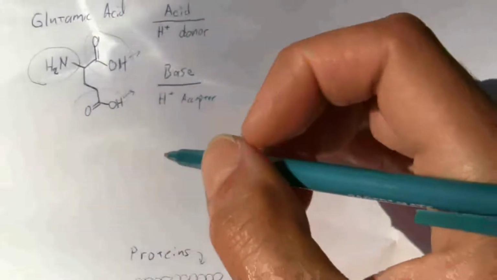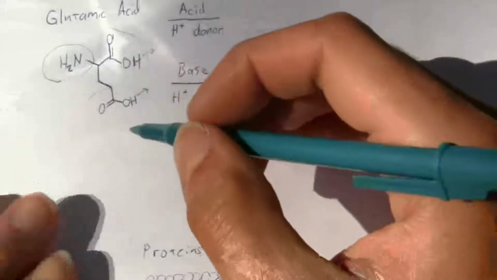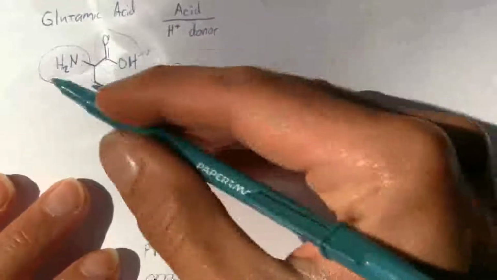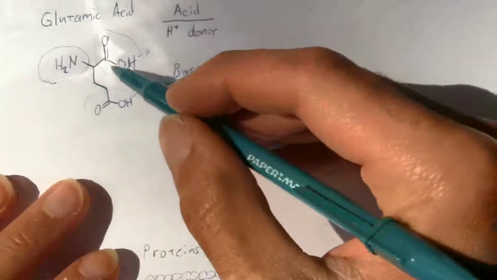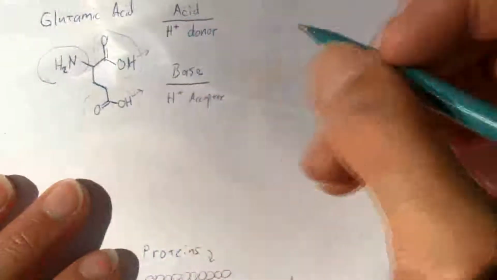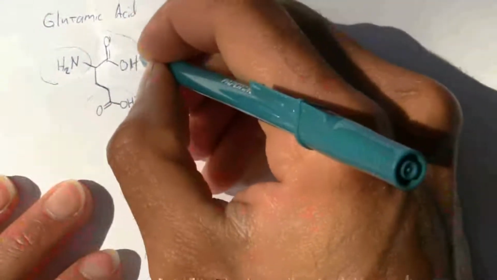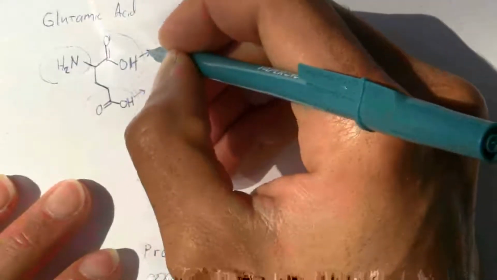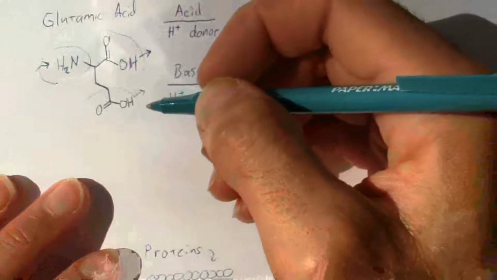And in fact, what we see is that with glutamic acid or any of the amino acids, the way that they appear is not in this form, where we have the acid group with its hydrogen and the basic group with only 2 there, NH2. What we have is this gives up its proton and that one receives it.